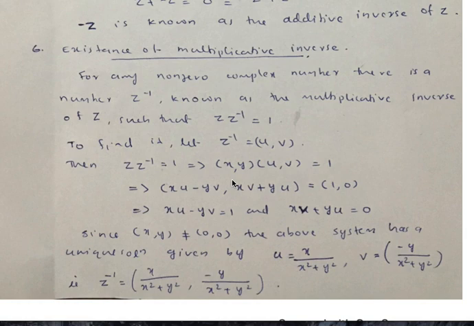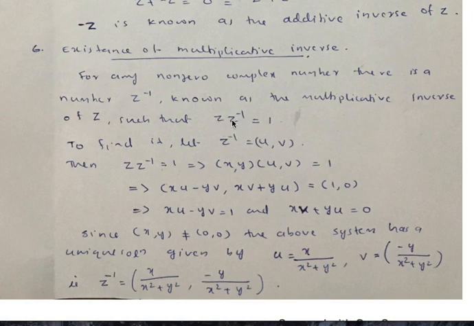x and y are like numbers only. You read this as z inverse. As z inverse is the multiplicative inverse of z, you need the product of z and z inverse to be 1.